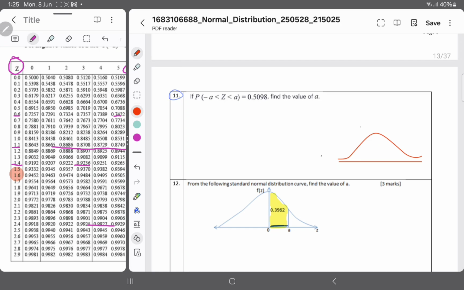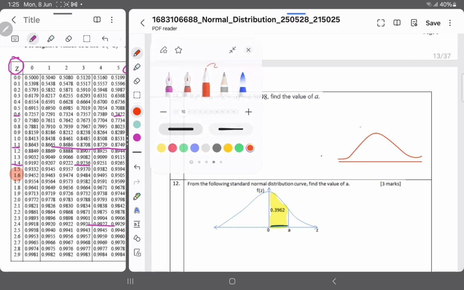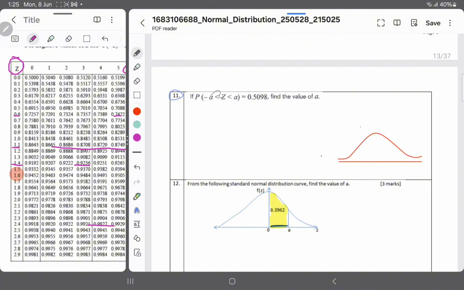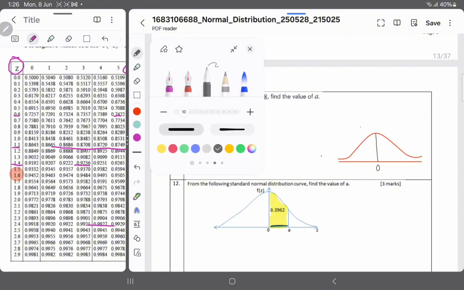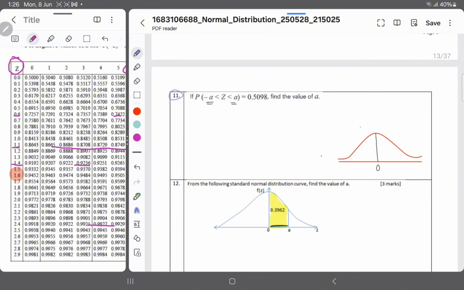He said z lies between two values, one negative and one positive and the same value. So that means I have here 0. So positive a here, the negative will have the same distance from the mean, that will be negative a.